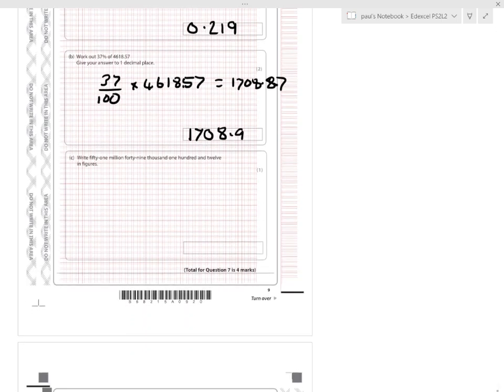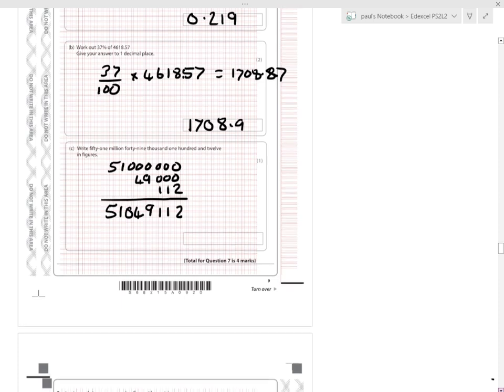Right, 51,049,112. Okay, I'm going to do it this way. So 51 million, 49,000, 112. So add them all together. Yeah. And you don't lose any numbers, you don't lose anything along the way.